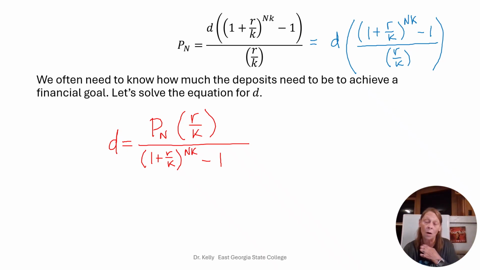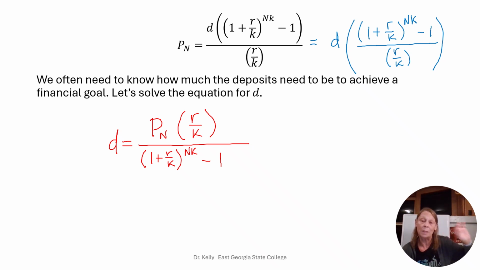Just like our examples before on saving money for a down payment on a house or to pay for a car outright or something like that. Sometimes you want a goal of, say, you're retiring. You want a goal of $500,000.